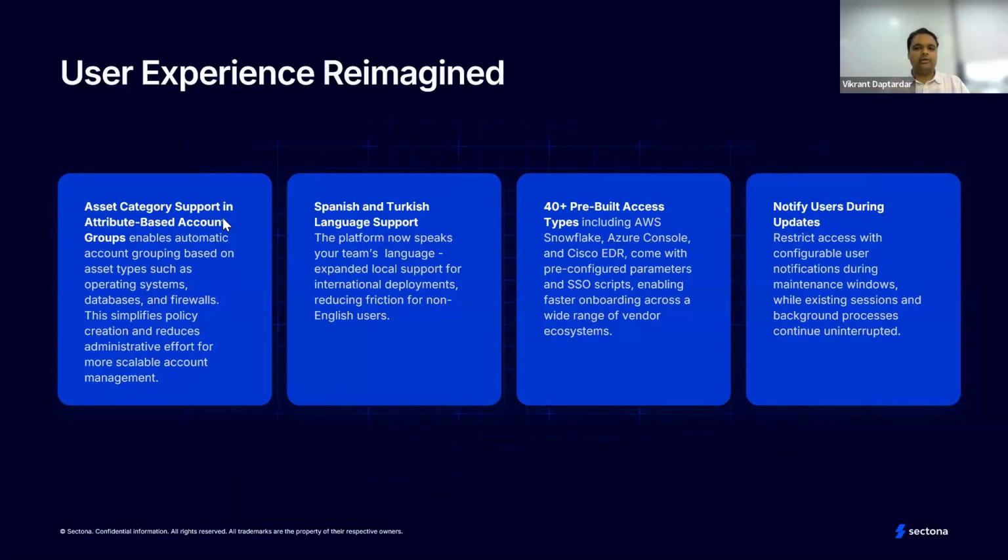Instead of manually organizing accounts, administrators can build smarter attribute-driven rules that reduce manual effort. We are also including Spanish and Turkish language support. This was due to the presence of some of our customers who wanted Spanish and Turkish to be supported. So we have increased our language support for the regional security teams over there to work with.